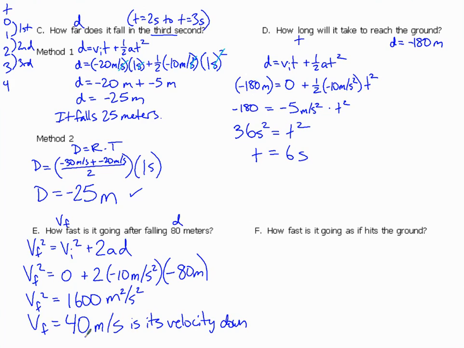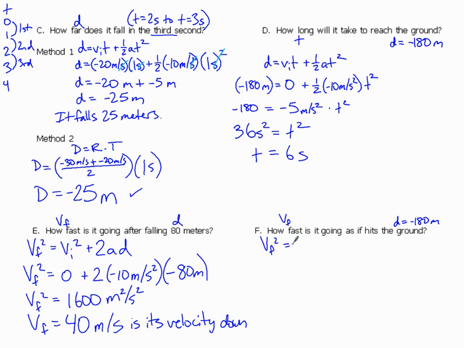How fast is it going as it hits the ground? So we know that it hits the ground after a distance of 180 meters. How fast is final velocity? So we need a formula that relates final velocity and distance.